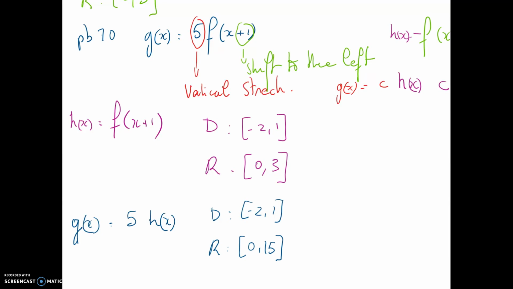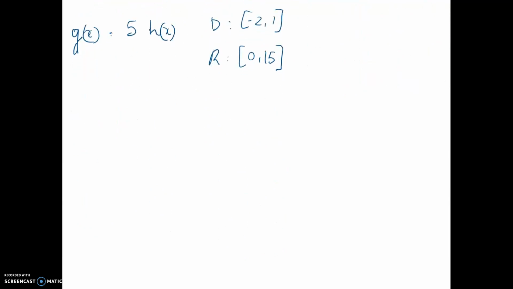Okay? All right. So now I want to do problem number 75, because problem number 75 is dealing with a vertical shrink. On problem number 75, we have a function g of x, and this function g of x is 3 times the function f of 1/4 over x.